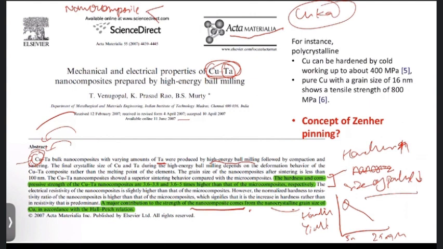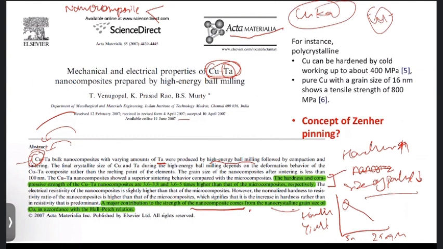I'm not talking about the copper tantalum composite, but copper itself can be used in X-ray components and in cyclotron units, which require a lot of strength and hardness, because these are very huge and powerful. So these are examples.